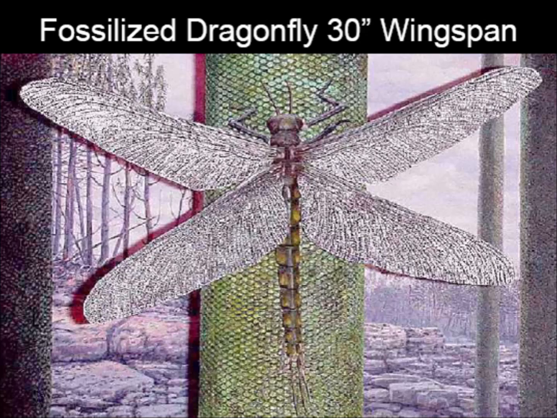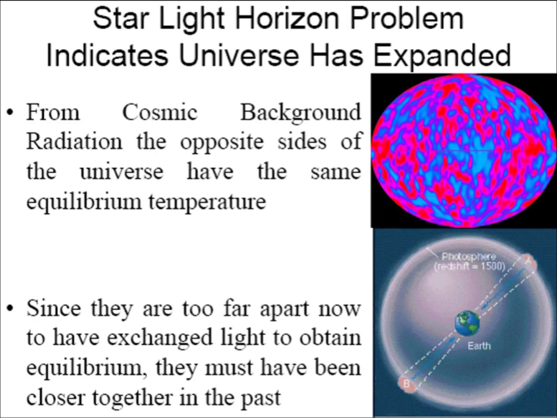Now I want to go to the next slide and talk about the problem of starlight. If you look at the upper graph, the picture I showed you of the cosmic background radiation, you see that the cosmic background radiation is very uniform throughout the universe.